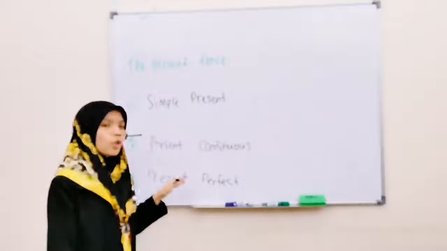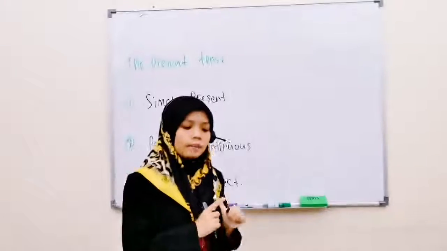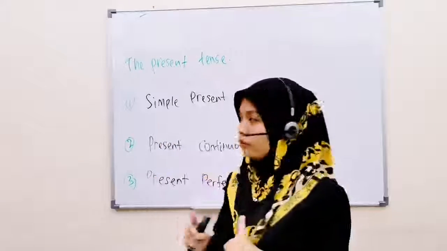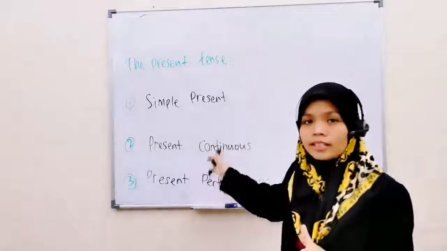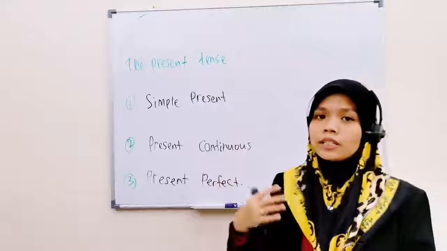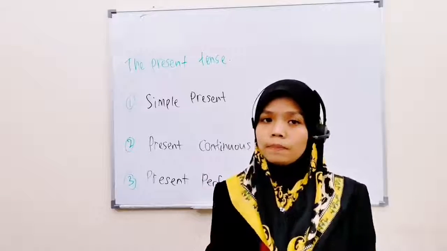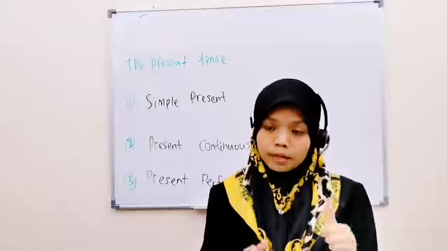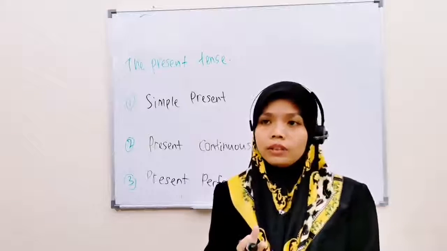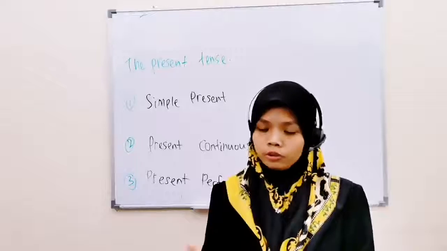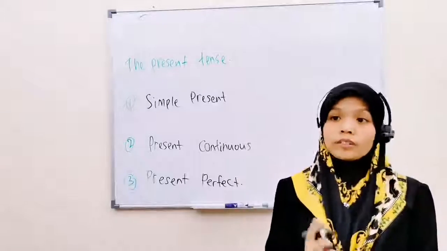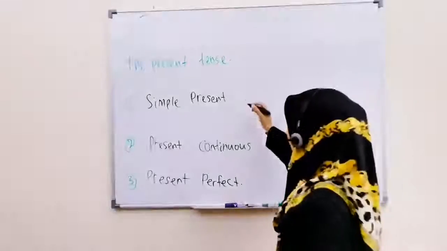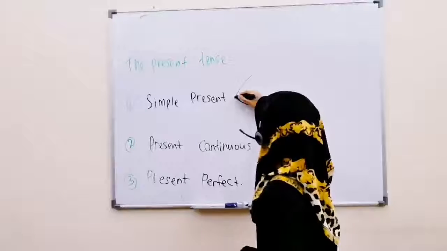Because you need to know the formation, and at the same time you need to know the use of these three tenses. If you want to create a simple present sentence, that is about habitual actions, general facts, or also instruction or direction. So this one is for present simple.